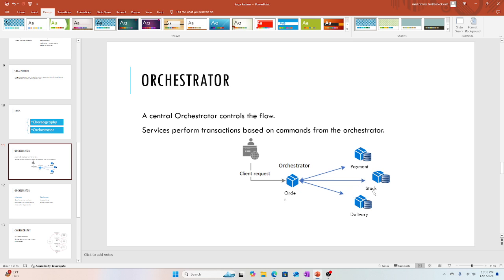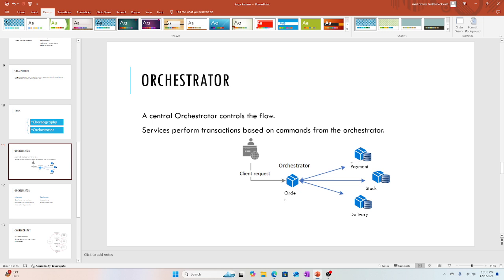And somehow the stock service fails, and it will return the response with the failure. Then it is the responsibility of the order service, which reads the status of the stock service, to trigger more events and send the request to the payment service to revert the transaction.